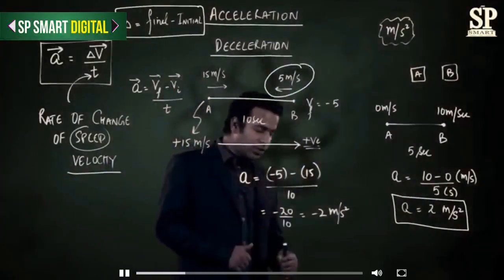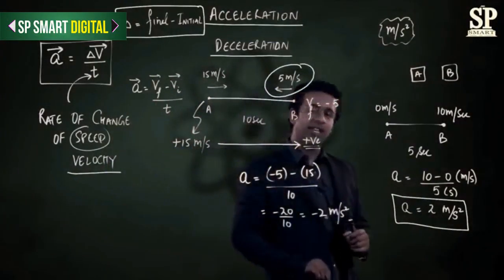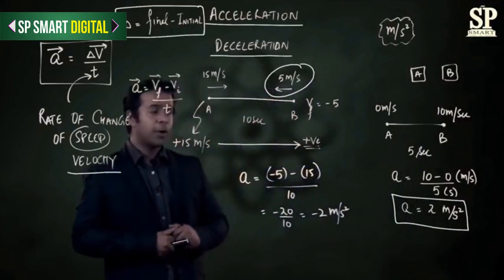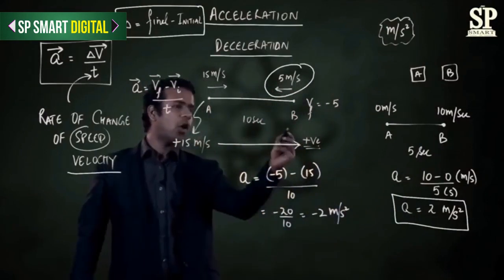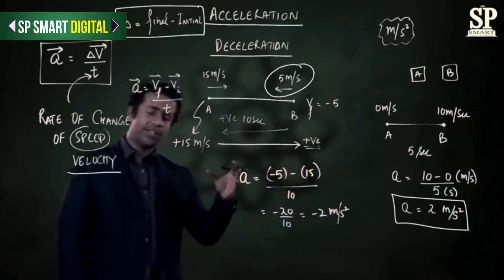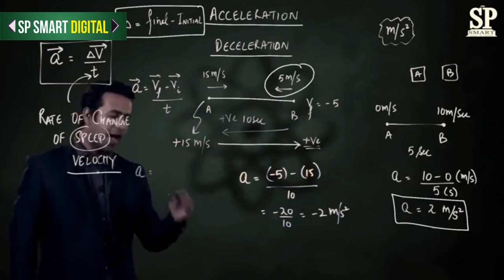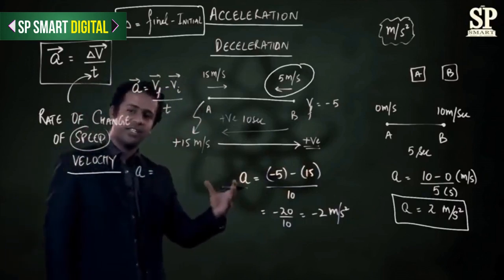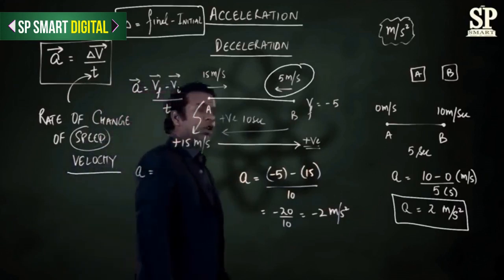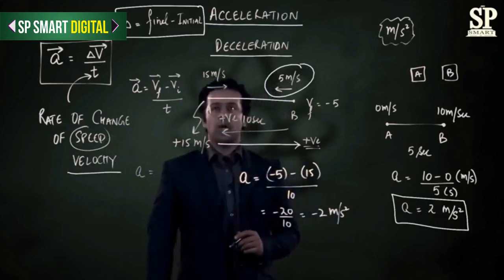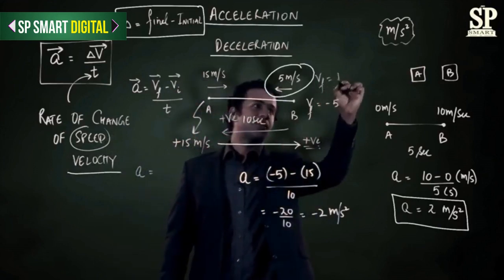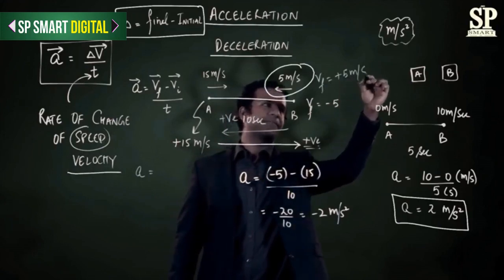Now, let's try to see how the result would change if we change the direction that we have taken as positive. So let's now consider the opposite direction to be positive. Right. If this was the case, then acceleration, which is final minus initial divided by time, let's see if it changes. So, if this direction is positive, we can say that the final velocity is plus 5 meter per second.